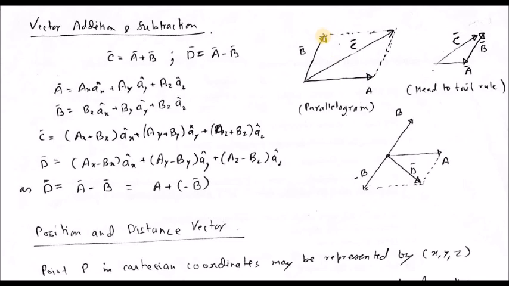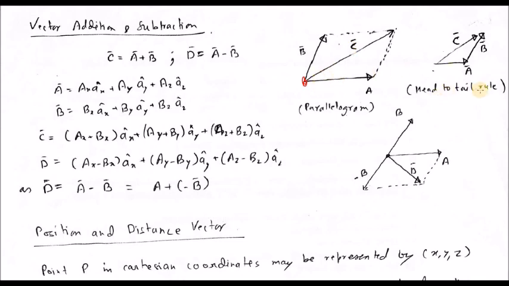The diagonal that connects the tail point of the two vectors to the other end of the parallelogram gives you the summation C.